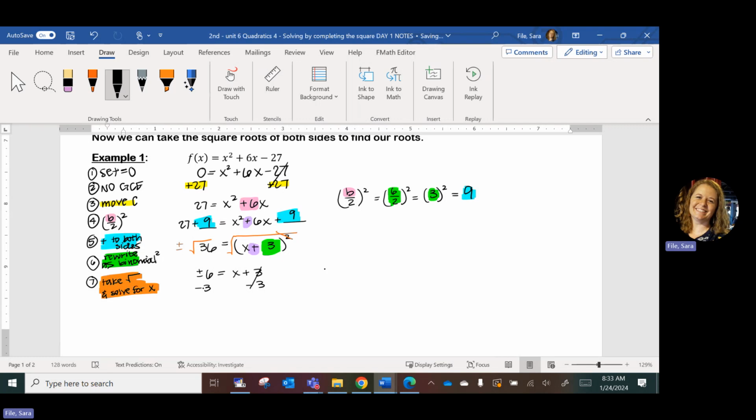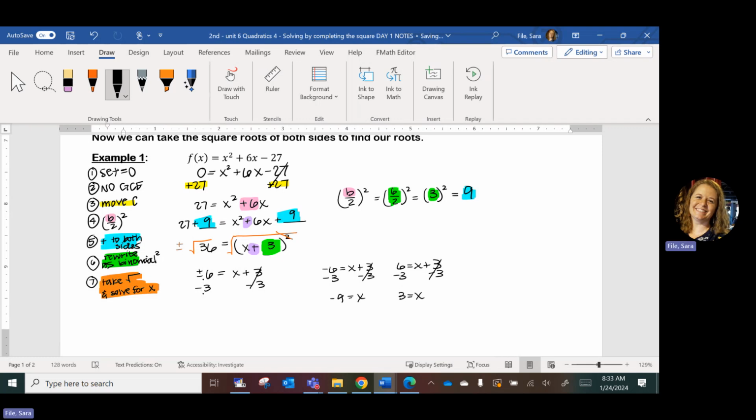Or is it my preference to actually write that out separately? Negative 6 equals x plus 3 and positive 6 equals x plus 3, and actually see it so I can see I'm doing negative 6 minus 3 and I'm also doing positive 6 minus 3. Again, that is up to you if you want to split it and show it separately like that.